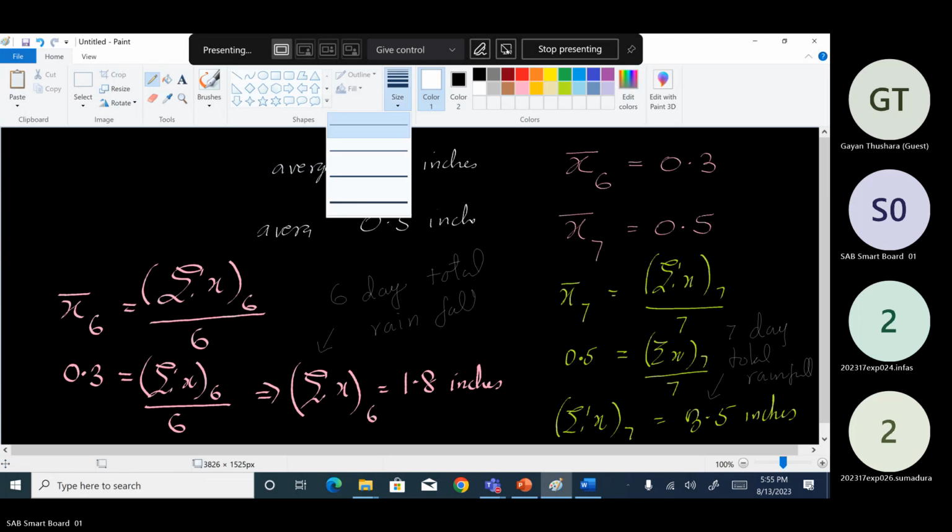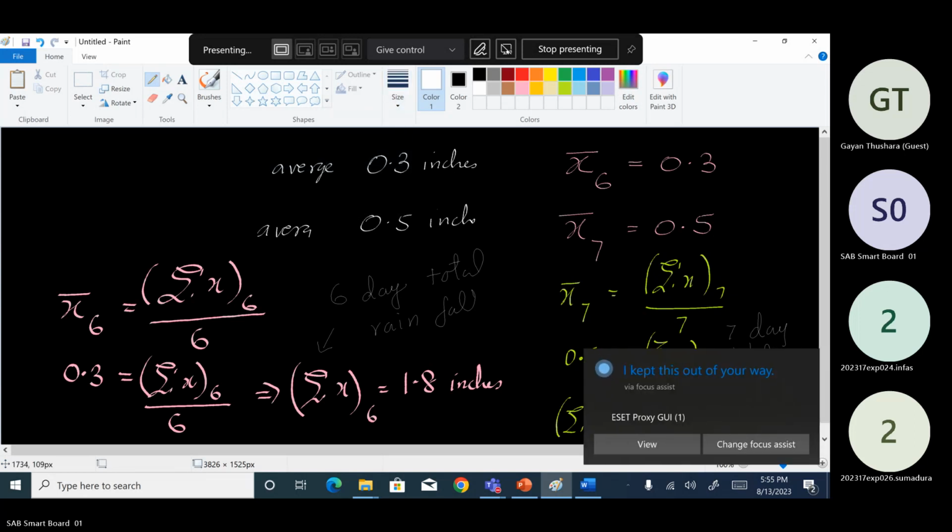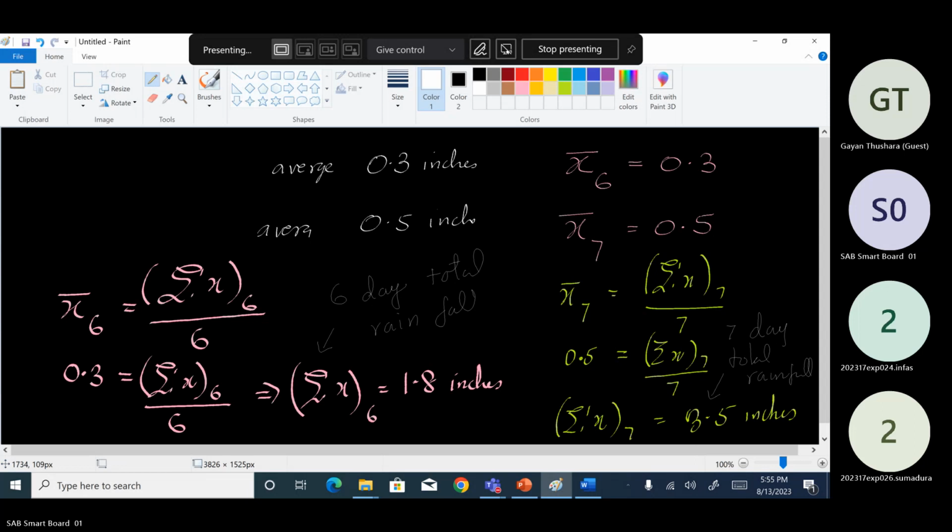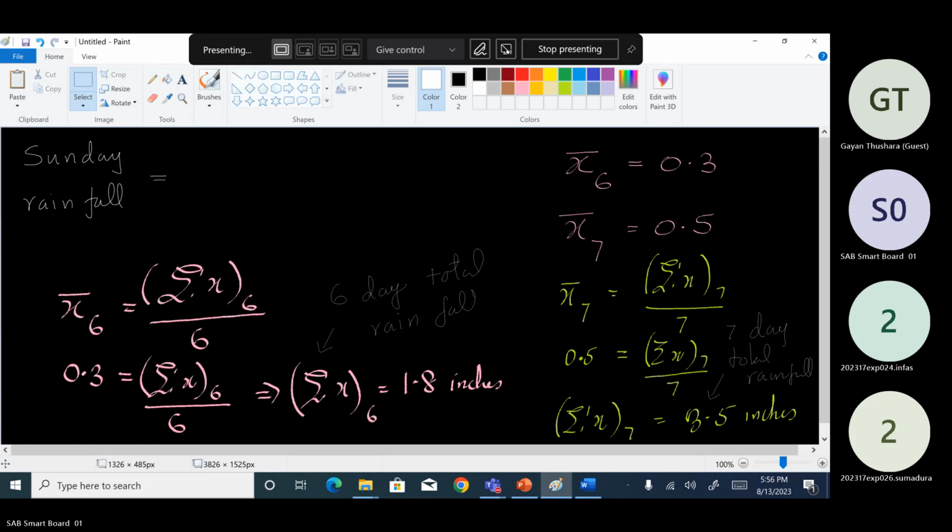Sunday rainfall is sigma X 7 minus sigma X 6, 3.5 minus 1.8.